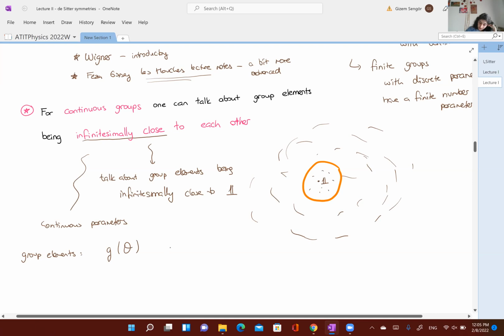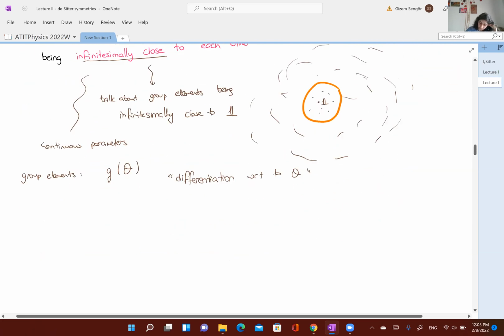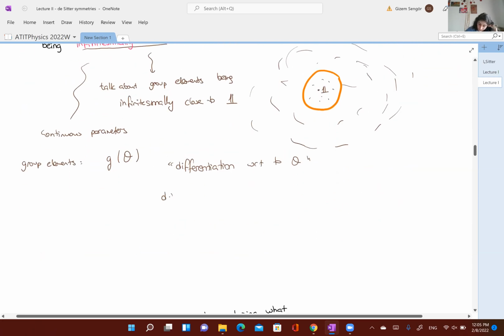You can have the notion of differentiation with respect to the parameters. So this is something defined.